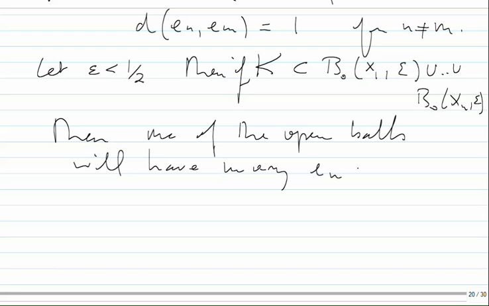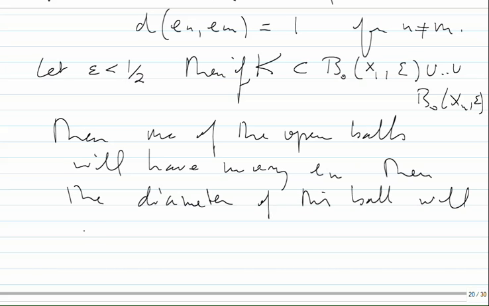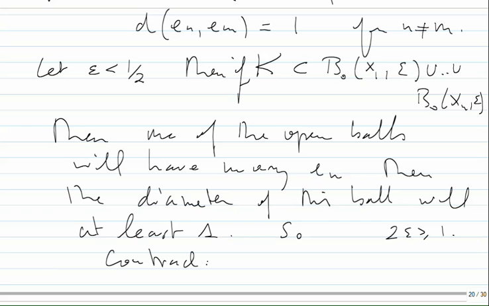But in this case, this will imply that the diameter of this ball will be at least 1. So 2 epsilon should be greater than 1, and that's a contradiction with the choice of epsilon.